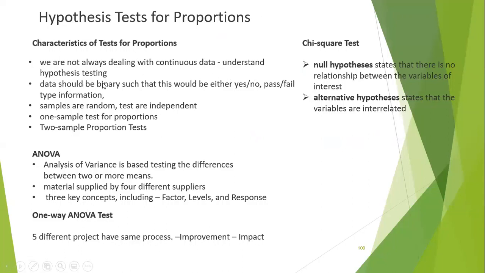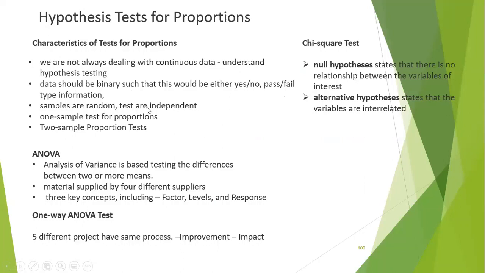See why hypothesis testing is important: if all the data is numbers, we can complete it with statistical methodology alone. Sometimes it is not continuous data; there will be a lot of discrete data you need to analyze, and for that we mainly use hypothesis testing. Data should be binary, such as yes or no, or pass or fail. These types of data may require hypothesis testing to finalize.